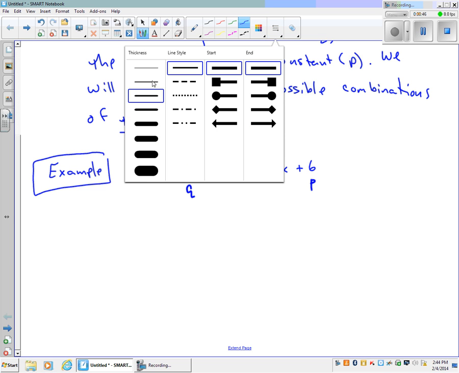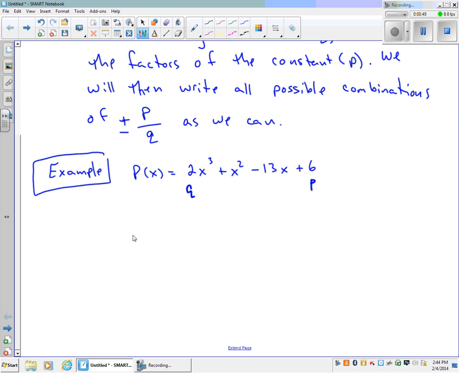So if we put p over q, and we're doing all the factors of p, the factors of p are positive and negative 1, positive and negative 2, positive and negative 3, and positive and negative 6. And the factors of 2 are positive and negative 1 and positive and negative 2.